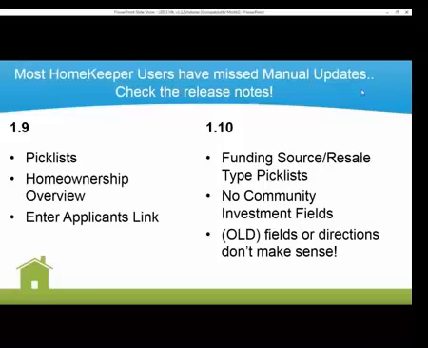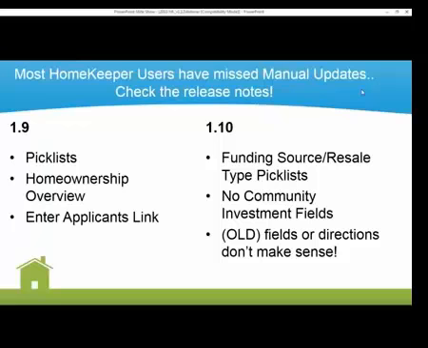In 1.10, we updated some of the funding source pick lists. We added loan refinance, and we added buyer's cash paid outside closing. So if you don't have those, you might have missed updates. We also added, I think, property rescue in the resale type pick list.